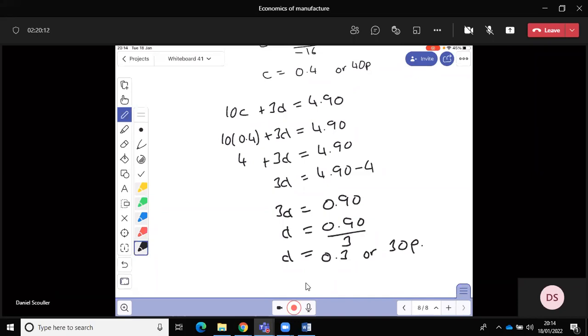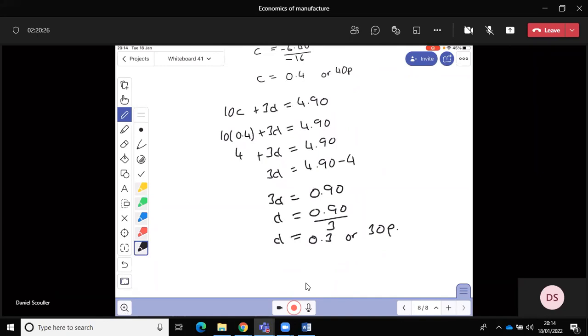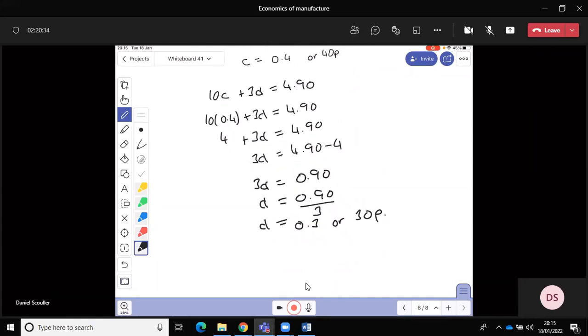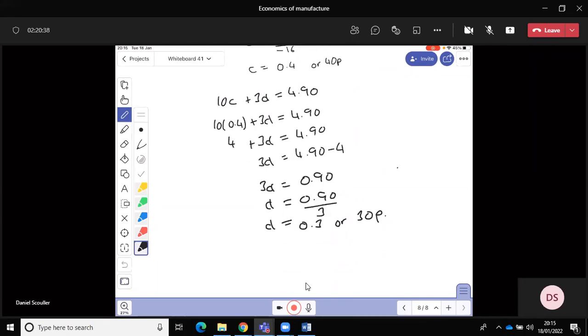Okay. Didn't lose anyone. So just substituting C into equation 2. You could have used equation 1, that's absolutely fine. Substituting that in, rearranging to isolate just D, and we've got D equals 30 pence.